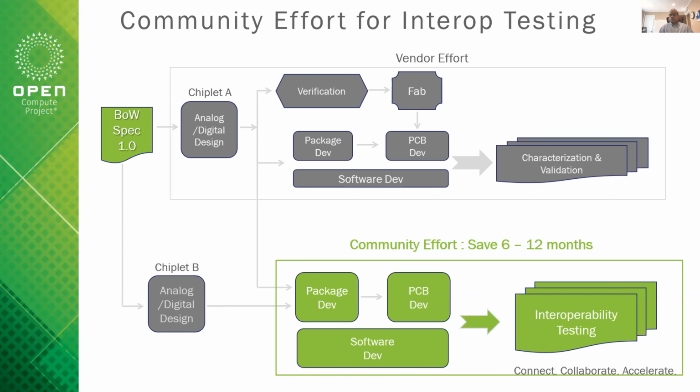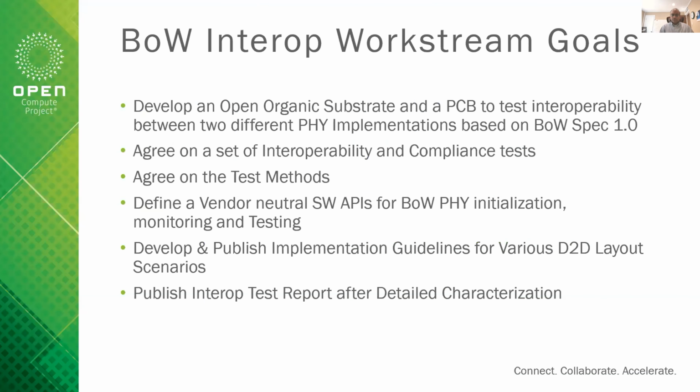We bring people together, uncover any issues that we need to address in the standard, and also plan to develop implementation guidelines and software with it. Overall, it's a win-win situation for the IP providers and any players in the ecosystem. Can you move to the next slide, Bobby?